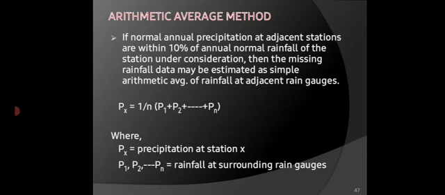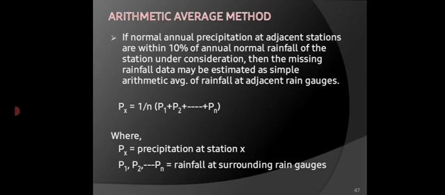How? Say the missing rainfall is Px of station X. Station means the rain gauge from where we are not getting the precipitation data.